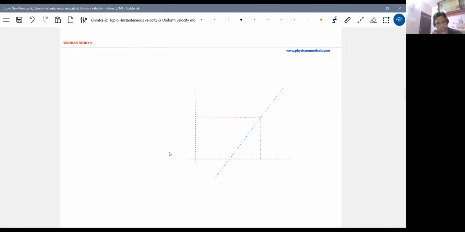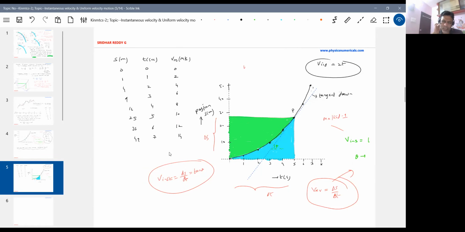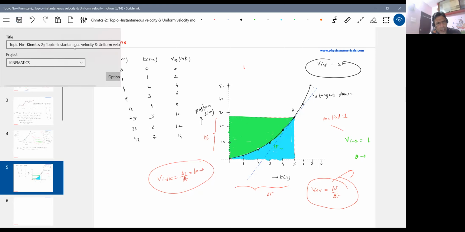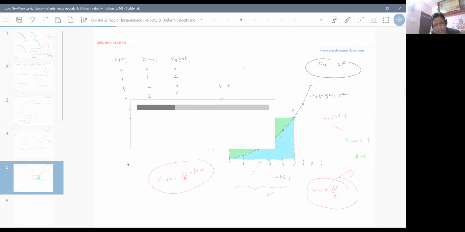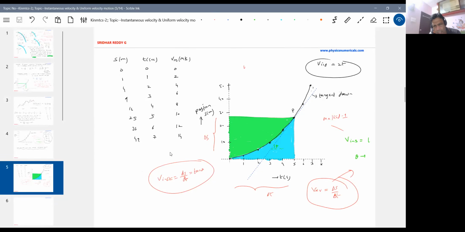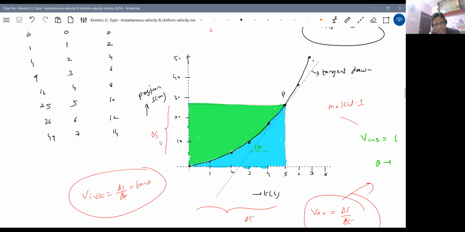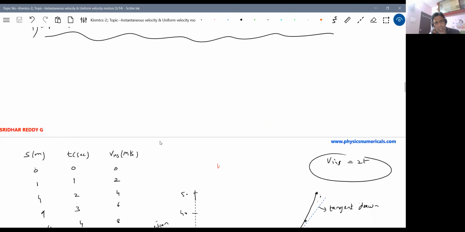Okay, now the speedometer in a bike will indicate the average speed or the instantaneous speed? It will be instantaneous speed. From velocity, I'm migrating to instant speed, no, instant velocity. Then if a particle moves along a straight line, the instant velocity will become equal to the instantaneous speed.